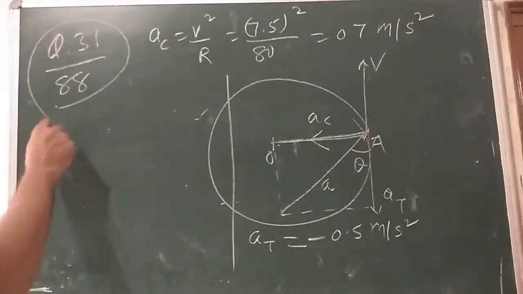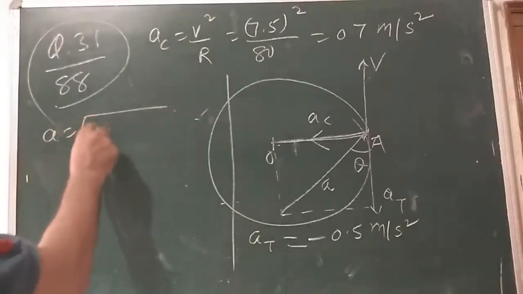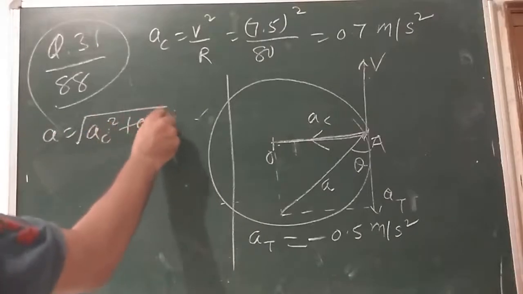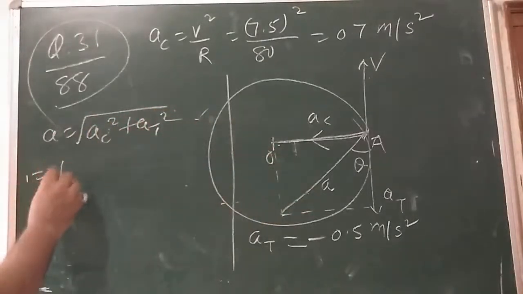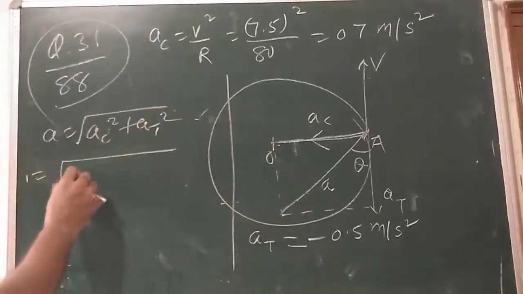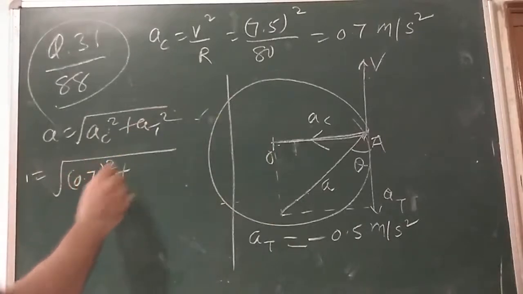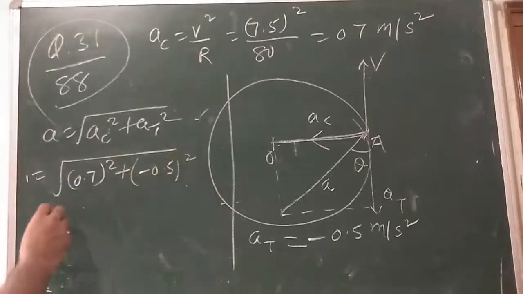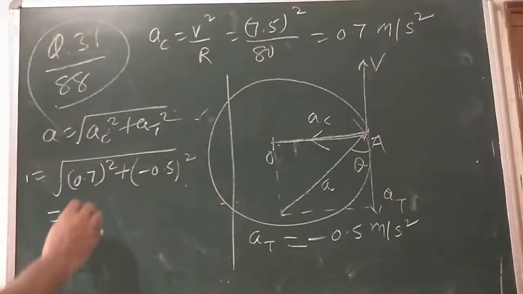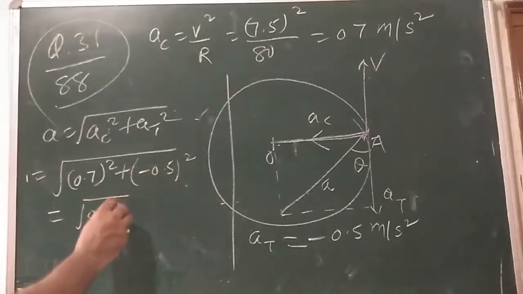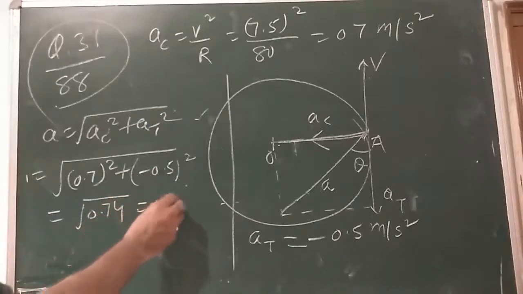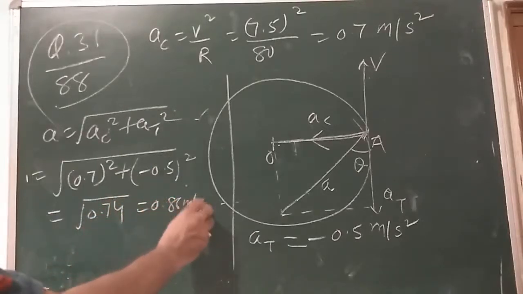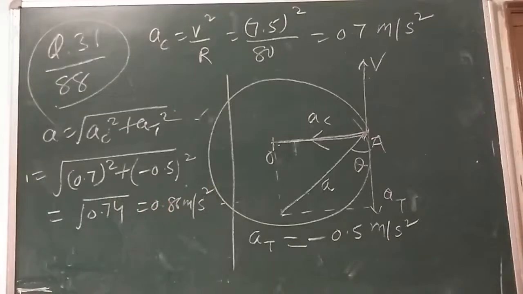Total acceleration A is equal to under root of AC square plus AT square, with the Pythagoras theorem. So you can write here 0.7 whole square plus 0.5 whole square, under root of 0.74. So you solve it, 0.86 meter per second square. This is the magnitude.